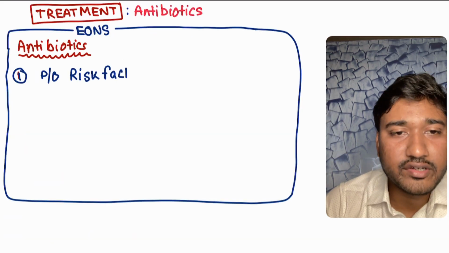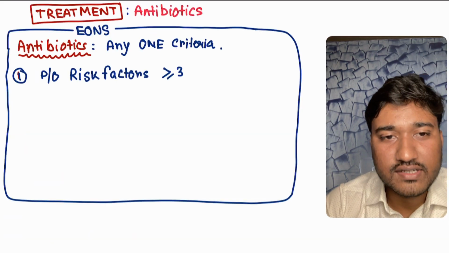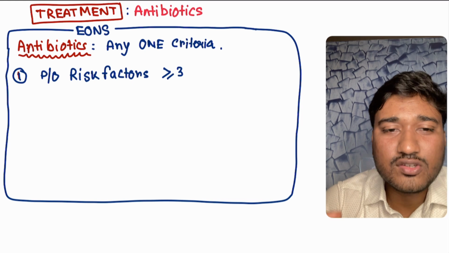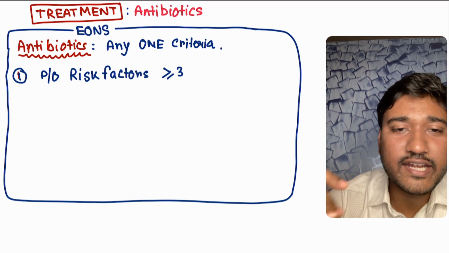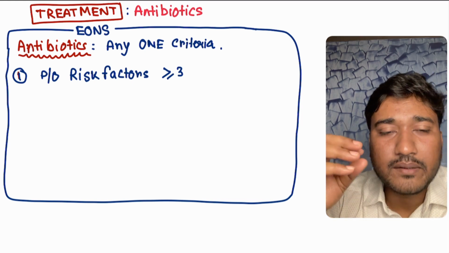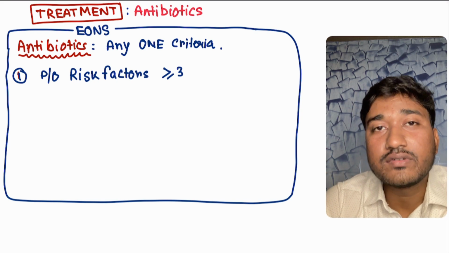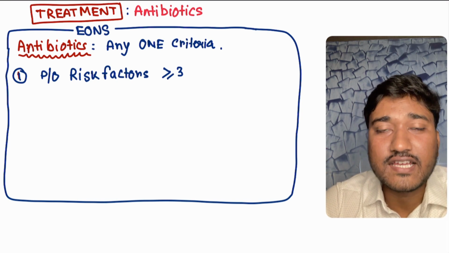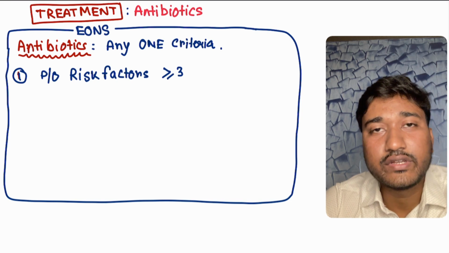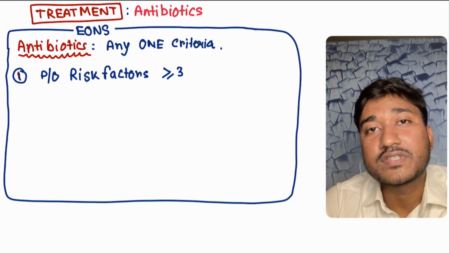How will you be treating this case of early onset neonatal sepsis? So remember, any case of neonatal sepsis, be it early or late onset, the primary things should be done. That is, if IV fluid is required, you need to give IV fluid. Suppose the child is in shock, therefore you need to give IV fluid. Or if the requirement of inotropes, they should be given.